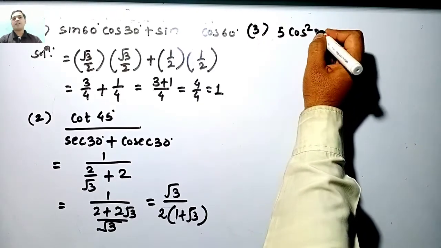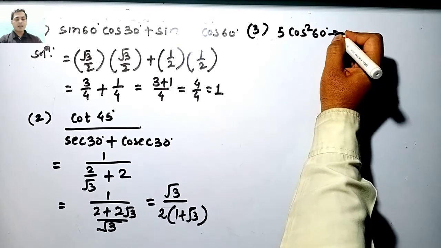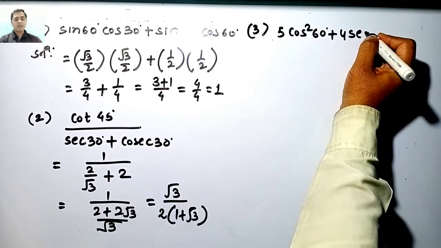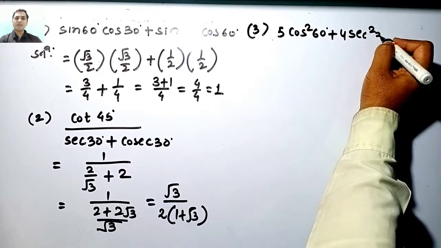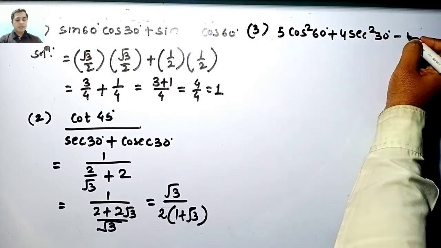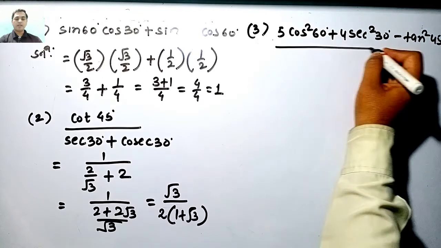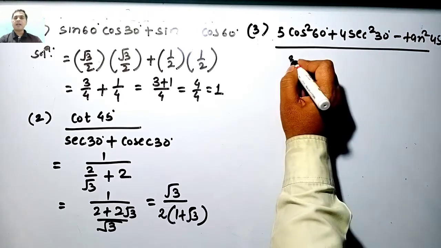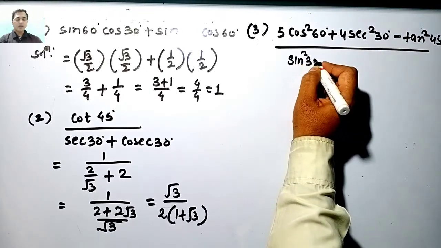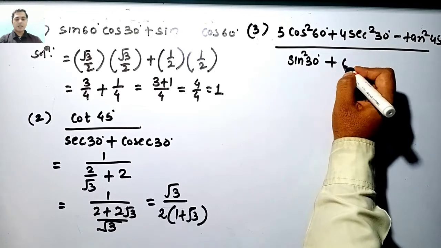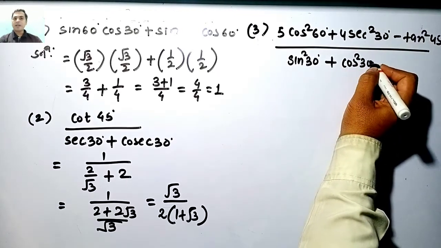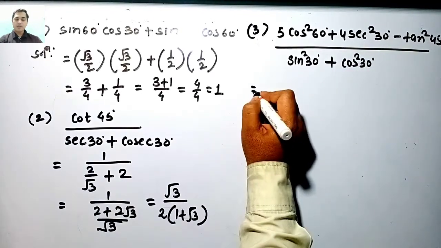5 cos square 60 degree plus 4 sec square 30 degree minus tan square 45 degree divided by sin square 30 degree plus cos square 30 degree.